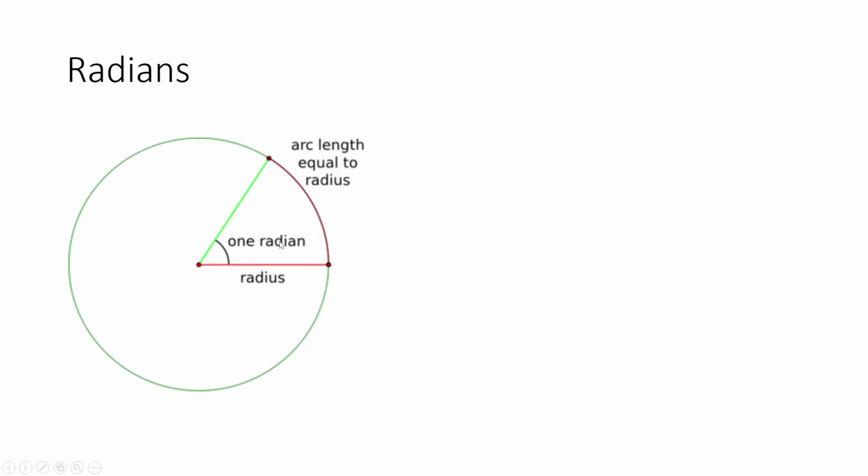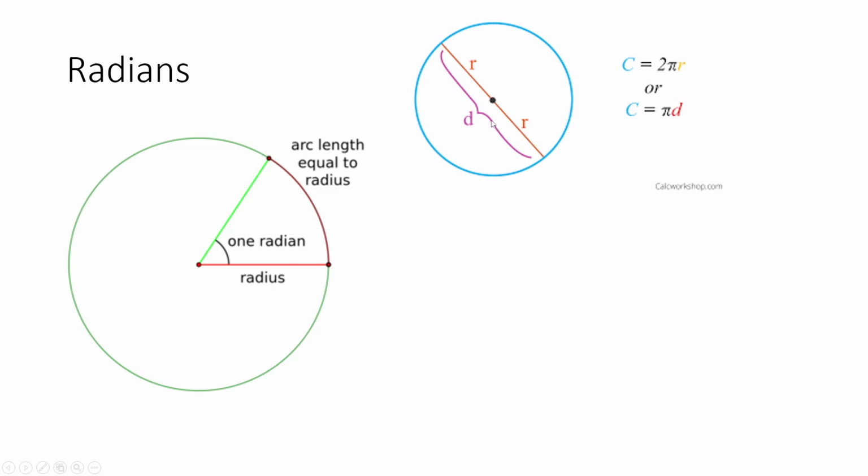One radian is defined to be the angle in which its arc length is equal to its radius. So if we think back to the circumference of a circle, the circumference of a circle is equal to 2πr, which means that in a full circle, there are actually 2π radians.